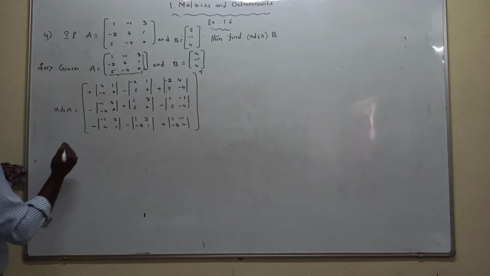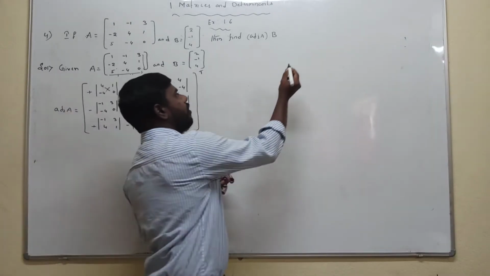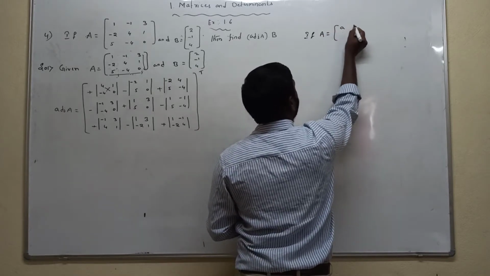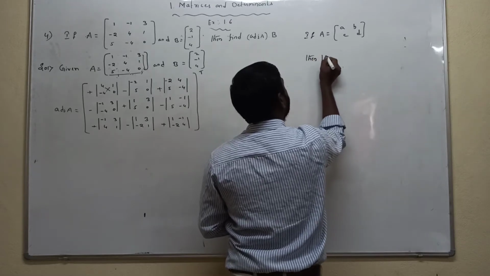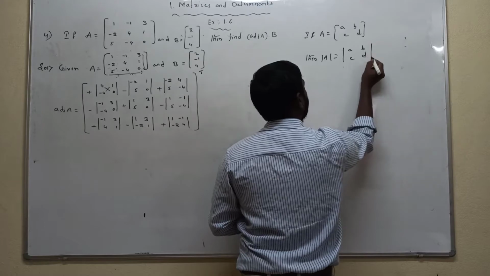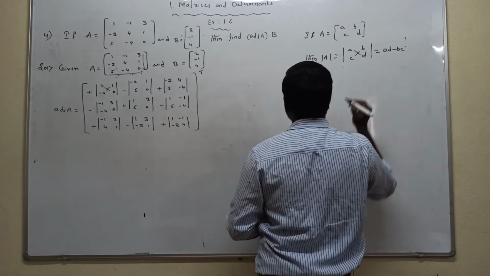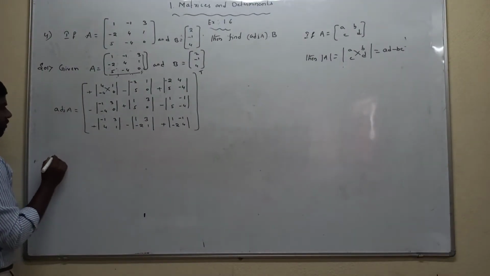Next we have to apply the cross multiplication method, AD minus BC. If capital A is equal to [A, B; C, D], then the determinant of A is AD minus BC. We are also applying the AD minus BC form.